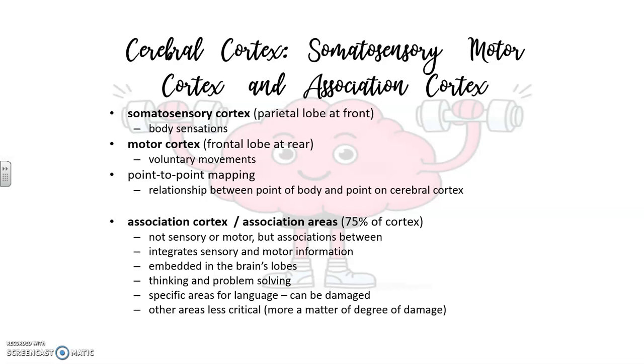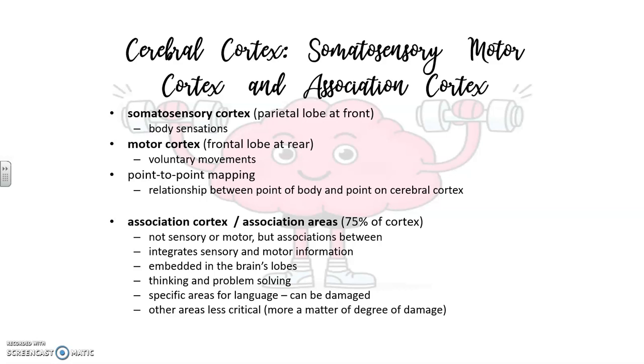If you look at that last part of the word, sensory: your sensations, senses. Another part is the motor cortex, and that's in the frontal lobe, but towards the rear of the frontal lobe.